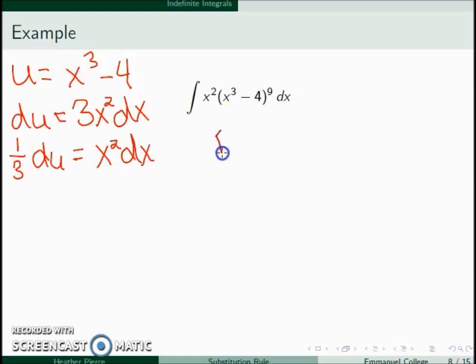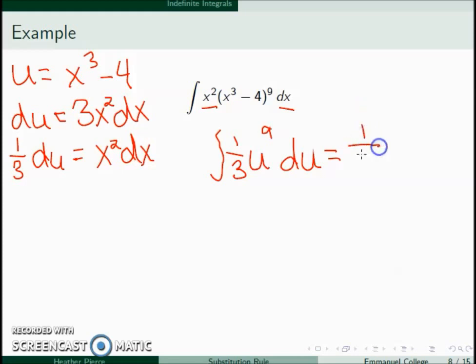So now, this x cubed minus 4 to the 9th becomes u to the 9th. The x squared dx becomes 1/3 du. So this is now 1 over 3 u to the 9th du. When we integrate this, we add 1 to the exponent to get 10 and then divide by that.